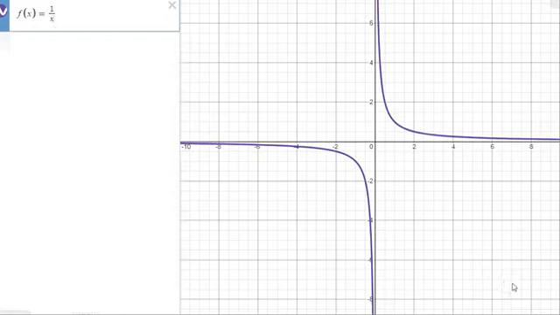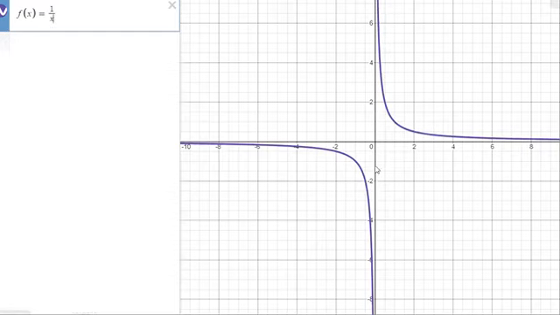Notice that there are 2 parts to this graph. There's a part of the graph that lies in the first quadrant up here, and there's a part of the graph that lies in the third quadrant down here, right? So this is what the reciprocal function is going to look like.